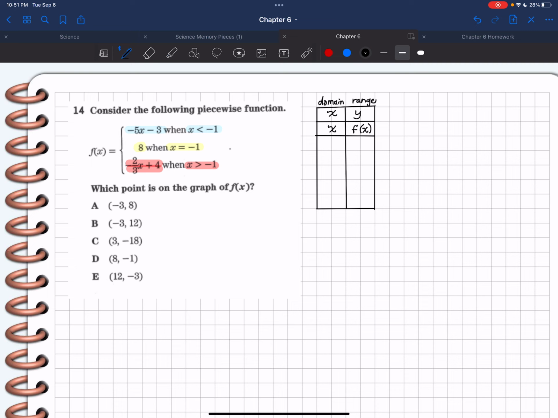So it's the x value that is the independent variable. That's the determinant value. So I'm going to put in a -3, a -3, a 3, an 8, and a 12. And you may be thinking, where is she getting those numbers? I'm getting those numbers right here.